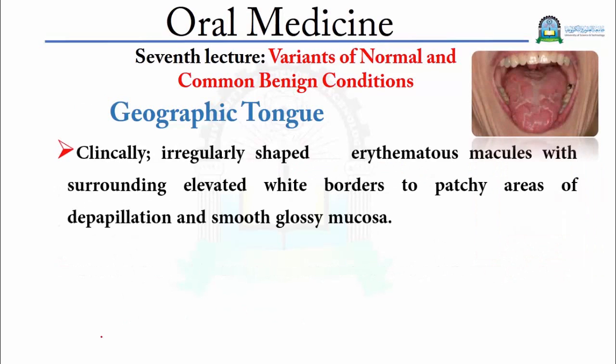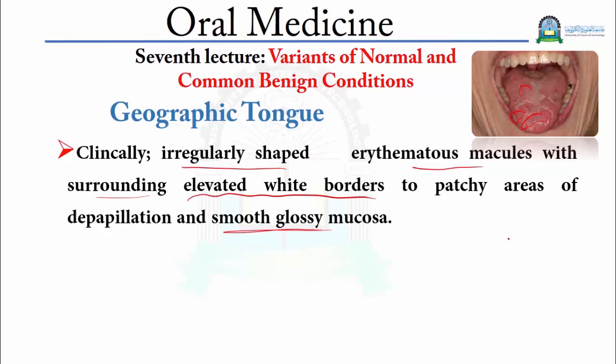The geographic tongue is clinically presented as irregularly shaped erythematous macules. These are the erythematous macules, the areas of depapillation, so the papillary nature of the dorsal surface of the tongue is absent, surrounded by elevated white borders and patchy areas of depapillation and smooth glossy mucosa.